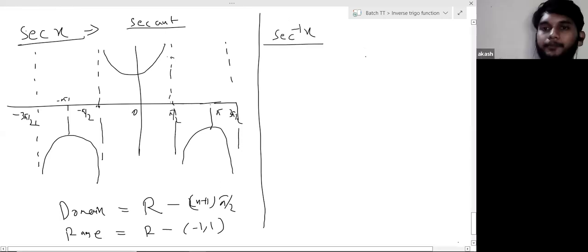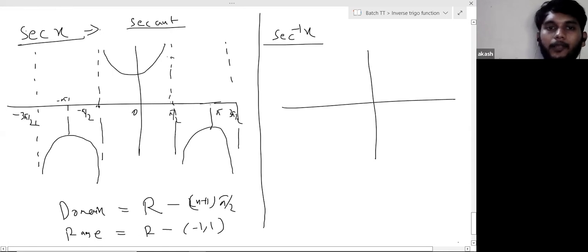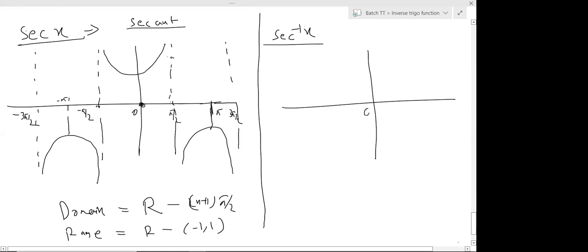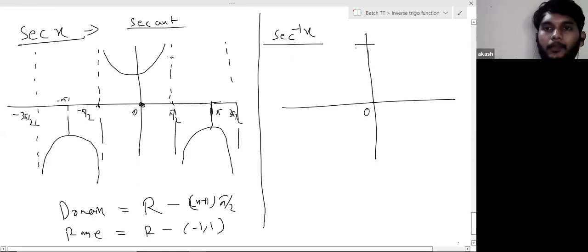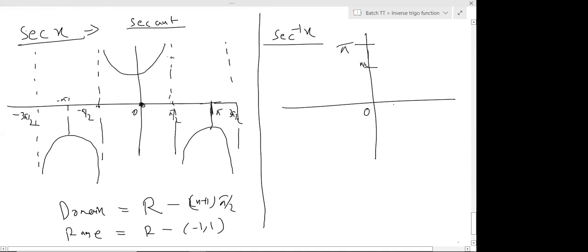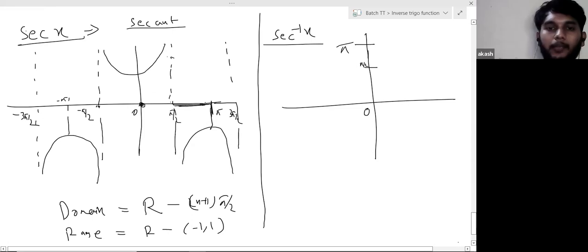Sec inverse x. Here we restrict the domain from 0 to pi. So 0, pi, and this is pi by 2. So let's draw from pi by 2 to pi first.